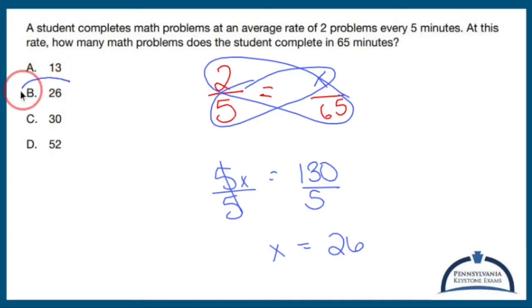So 26 math problems. Again, a lot of you would be like, well, hold on. In order to go from 5 to 65, I multiply by 13, so why don't I just multiply 2 by 13? Yep, that works, but this works too. And I wanted to show you 2 different ways, and I did. The end. B.